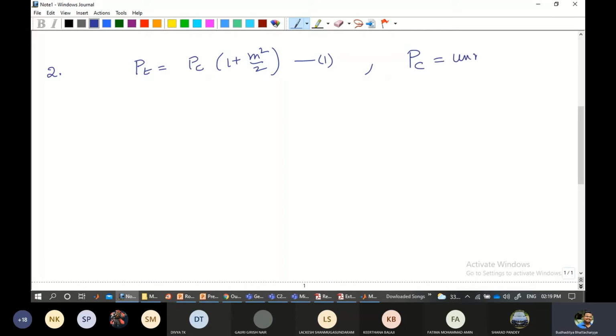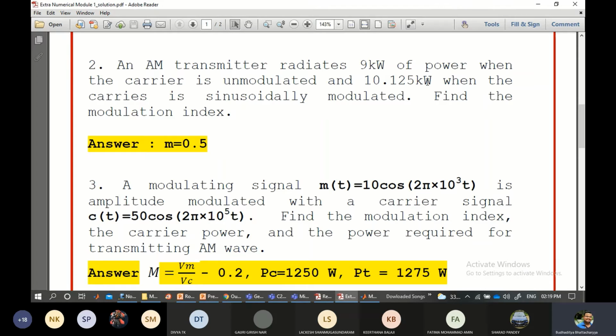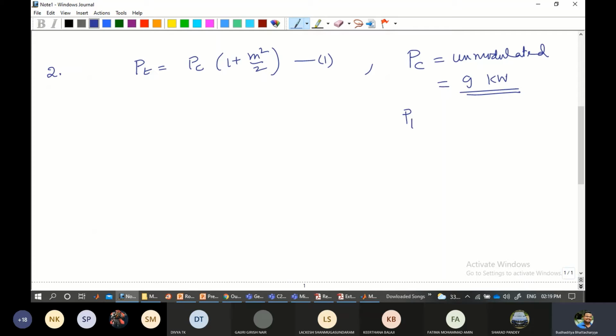Since this is unmodulated, PC is nothing but 9 kilowatt. And the modulated power, which has been mentioned over here, is 10.125. So that is nothing but PT, given as 10.125 kilowatt.